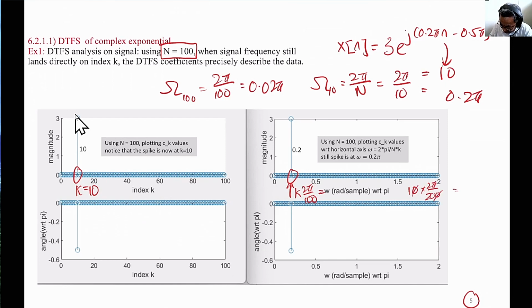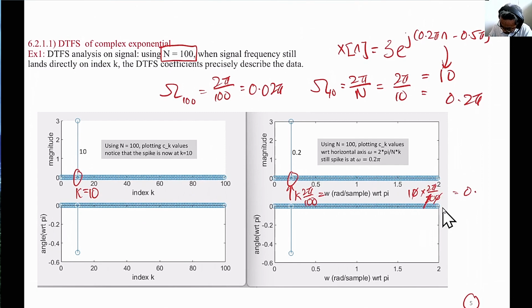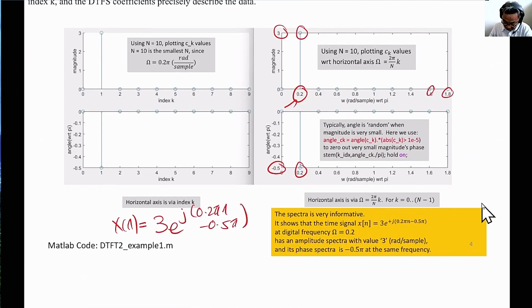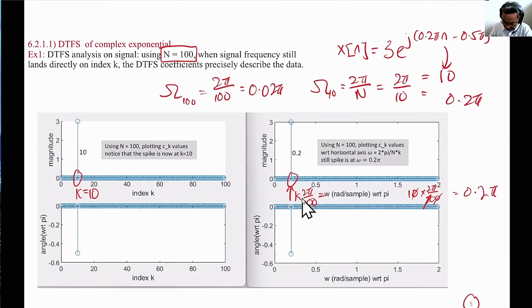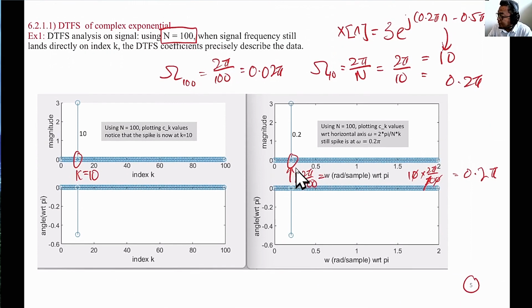So basically, again, it is 2 pi divided by 10, so it's 0.2 pi. As in the previous example, we're sitting at 0.2 pi for this amplitude with this phase. Same now, we are still sitting at 0.2 pi with this amplitude and this phase.